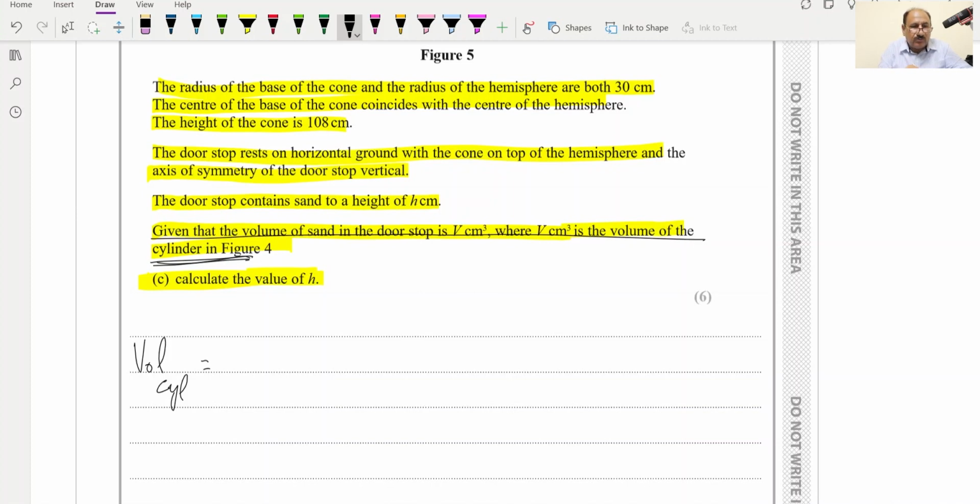We have taken this equation: volume of cylinder is equal to volume of hemisphere plus volume of big cone minus volume of small cone. This is what we will be doing.